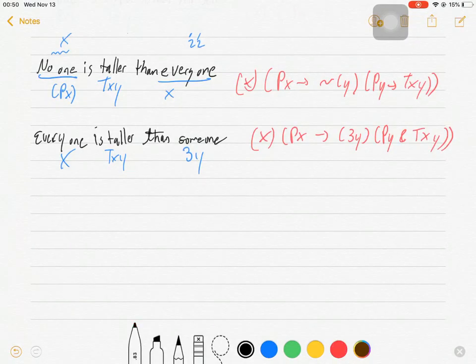Let's do one more. Every adult gives a present to some child.